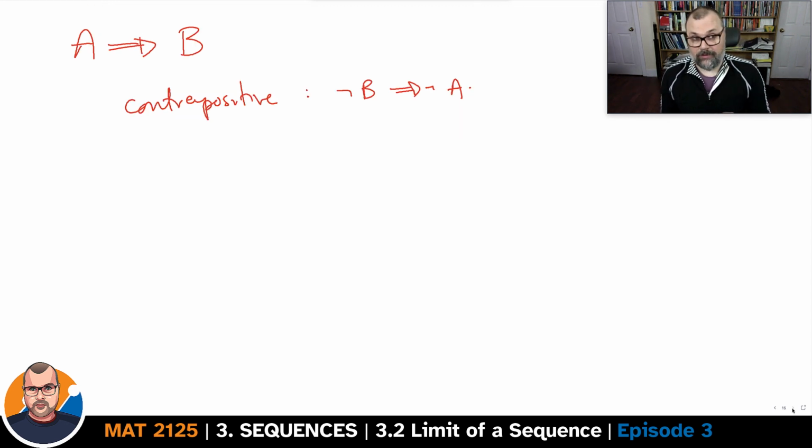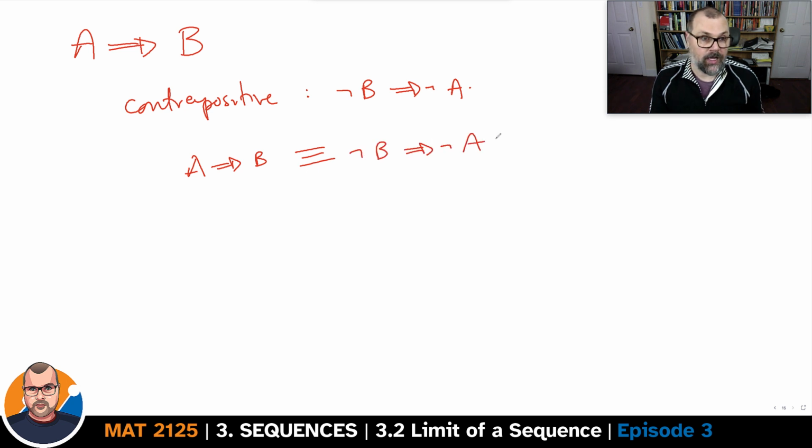And that statement, the contrapositive, always has the same truth value as the original statement. So what we have is that A implies B as a statement is equivalent to not B implies not A.